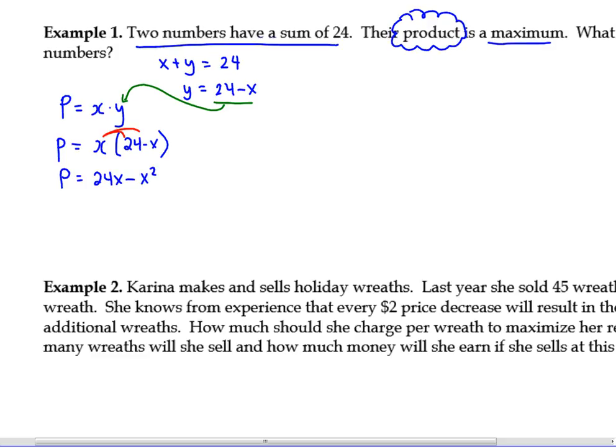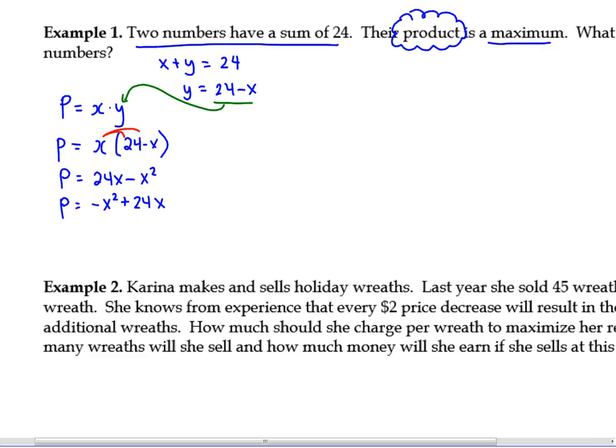Or, if I want to complete the square, what order should it be in? Negative x squared plus 24x. We want to put the x squared first if we're going to complete the square.